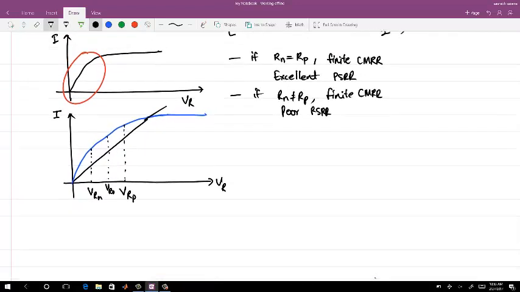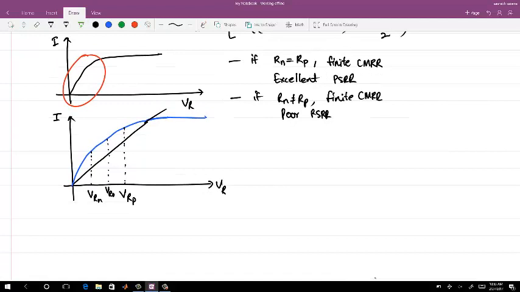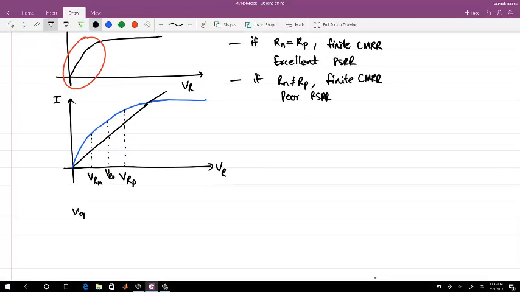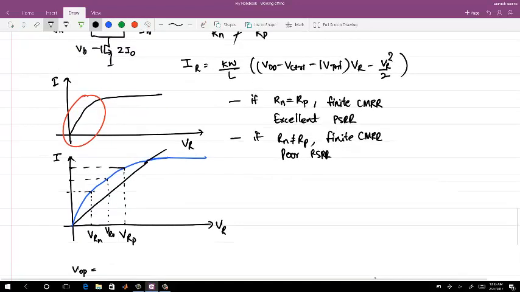So let me just again show this part. In the case with your VRN and VRP, you see this as a parabolic curve, which is not linear. So your delta R are different.